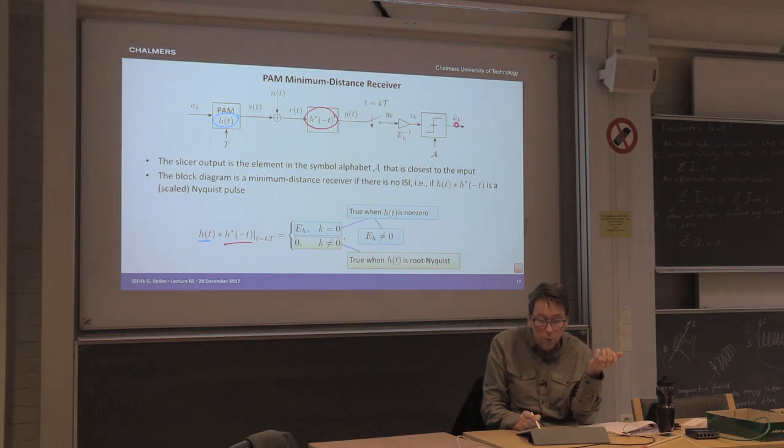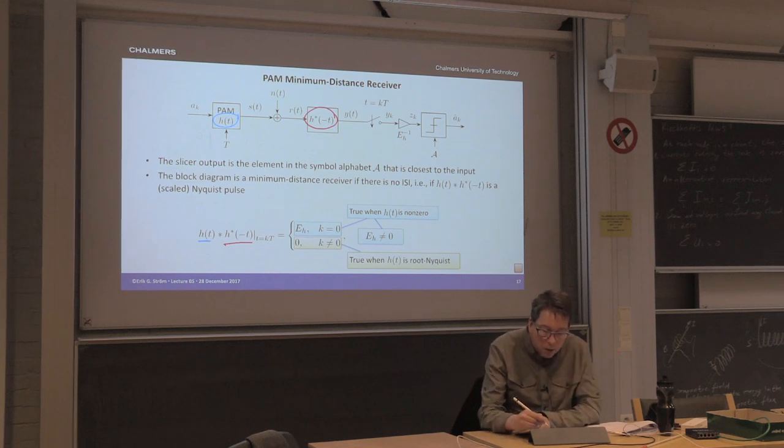And then it picks the output A hat k, which is the element of curly A which is closest to Z. So in mathematics, A hat k is the arg min of the difference between the input Z_k and A, where we select A in curly A.